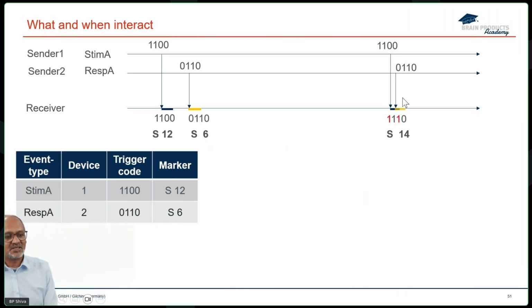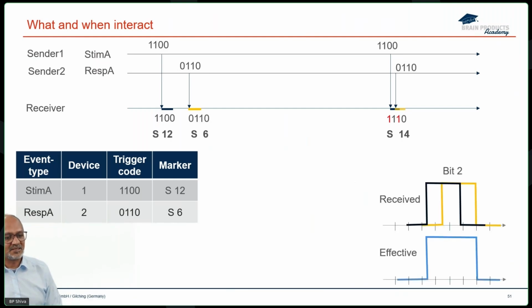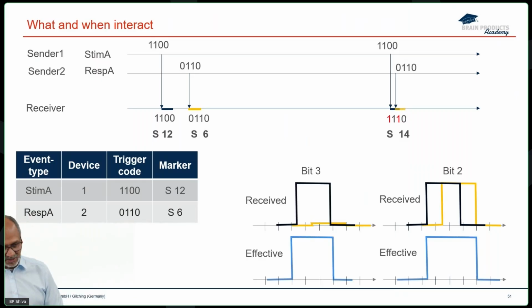As a result, they can overlap and interact in complicated ways. For example, for bits 0, 1, 2, both are ones, but they come at slightly different times. So as far as the receiver can tell, it's like one long pulse, but this is a little more complicated for bit 3.